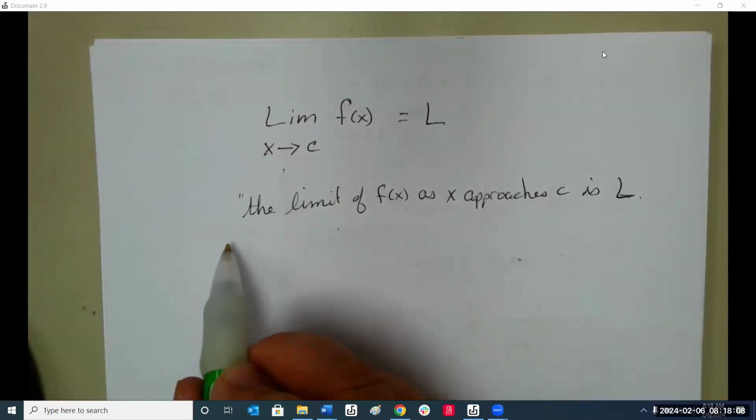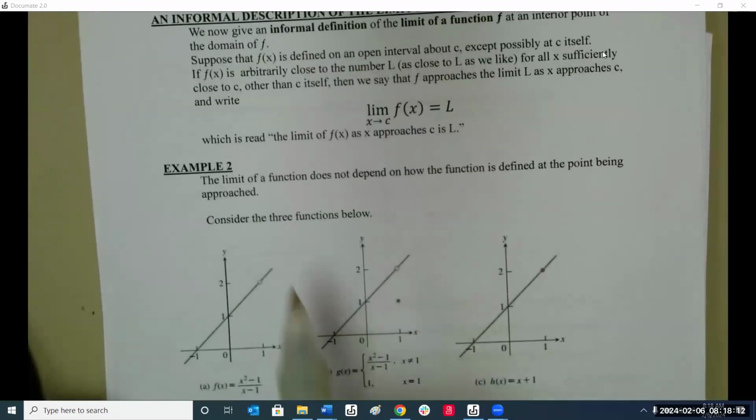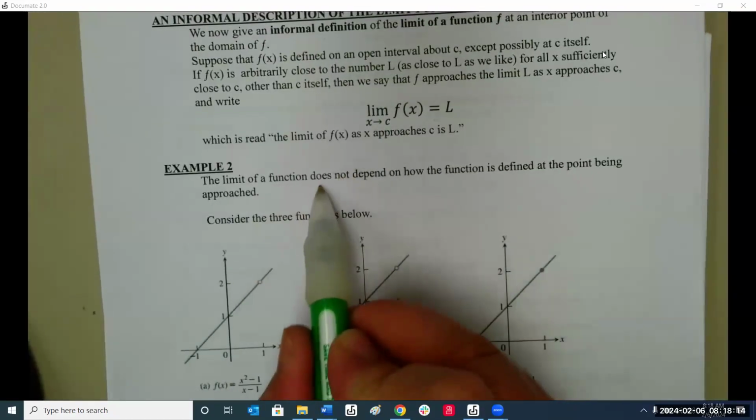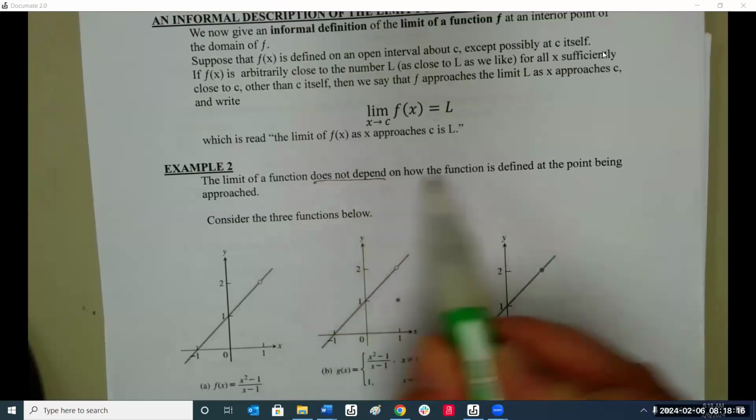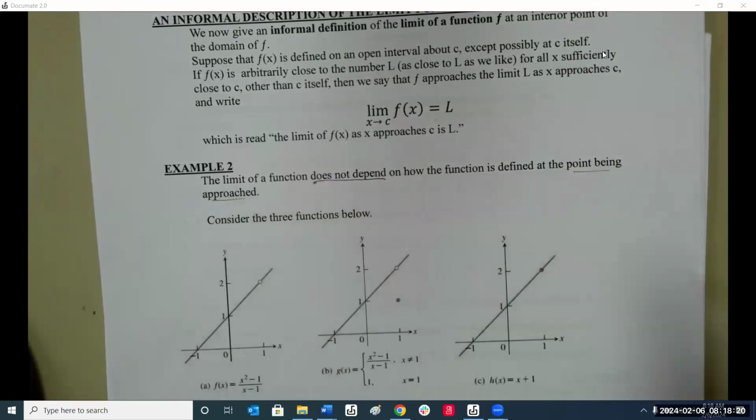The next example we have, if you read the very top of it, it says, the limit of a function does not depend on how the function is defined at the point being approached.